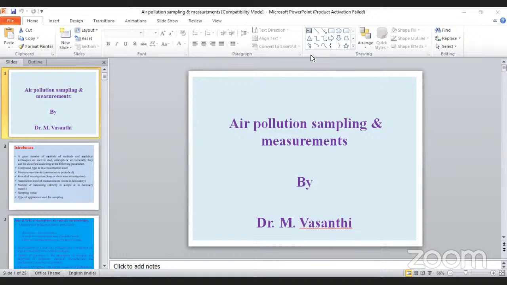When did you do the sampling? By what method did you do the sampling? Because they will ask what is the temperature, what is the pressure, what is the latitude, what is the wind velocity. Why are these all important? All meteorological parameters which are associated with the air pollution measurement are very, very important.